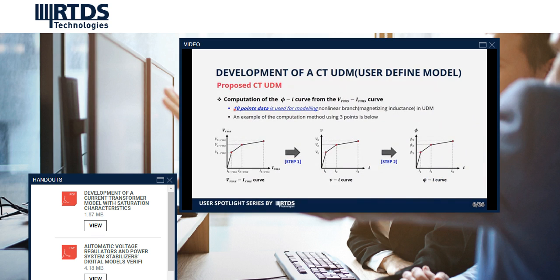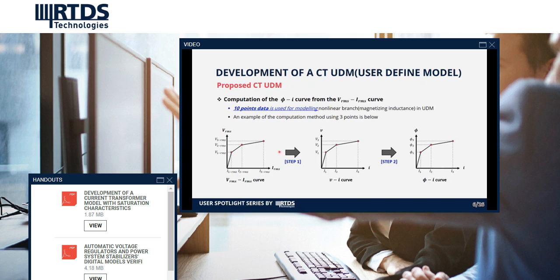As already mentioned, the voltage obtained from the open circuit test is a sinusoidal wave, but the current is not. The RMS value measured from the non-sinusoidal current must be converted to a peak value for modeling. I used the 10-point RMS voltage and current data for the modeling of the magnetizing inductance branch, but here I will explain as an example how to calculate the peak flux and current curve of the magnetizing inductance branch using 3-point RMS voltage and current data.